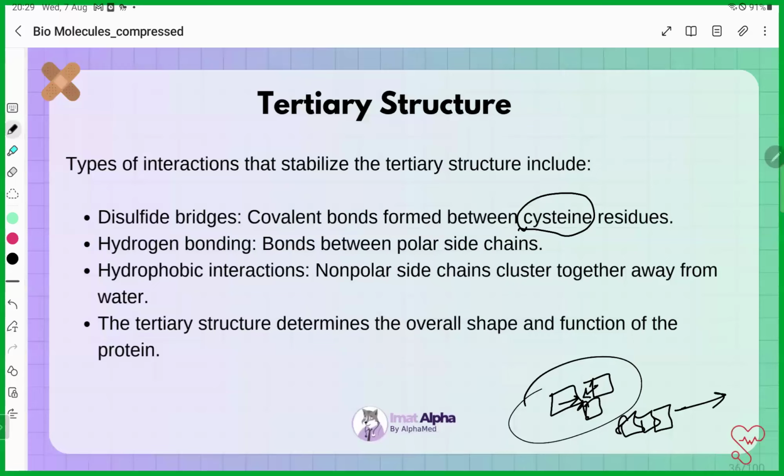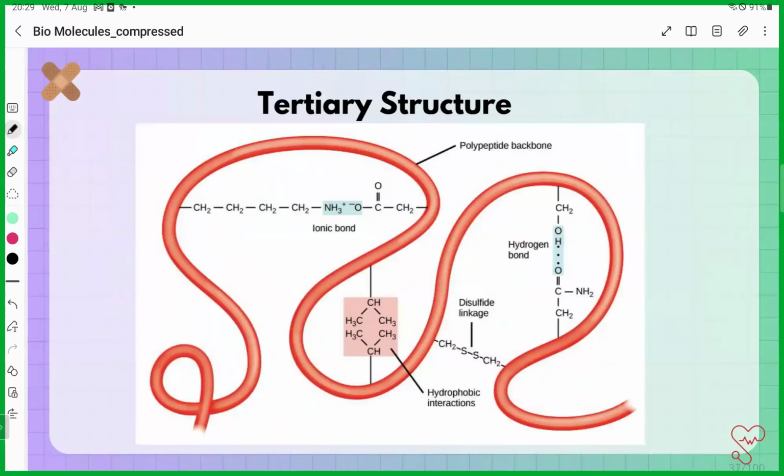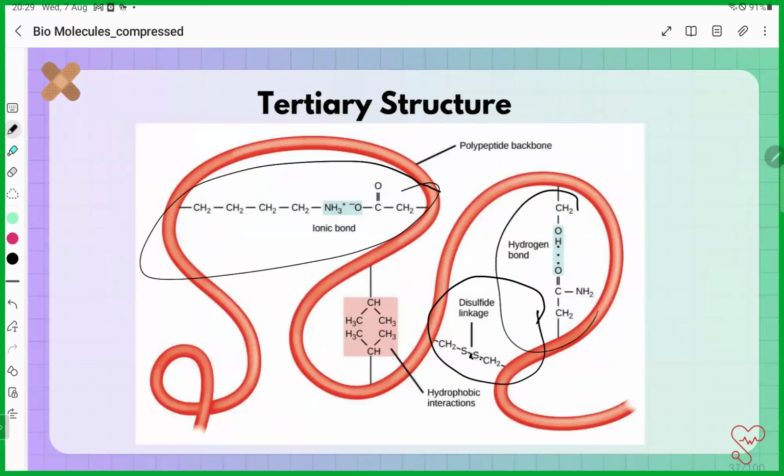The tertiary structure determines the overall shape and the function of the protein. Tertiary structure can have ionic bonds, disulfide linkages, hydrogen bonds, and hydrophobic interactions. If you see here, in this part and this part, they are trying to get close to each other in a way. Why? Because they are hydrophobic.